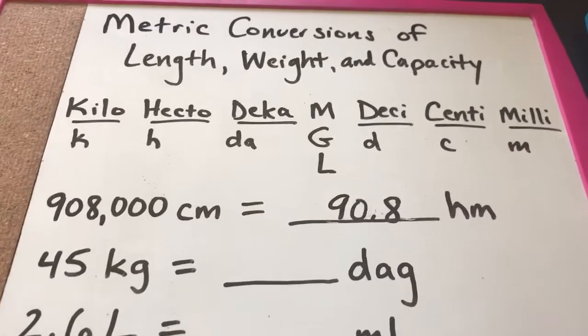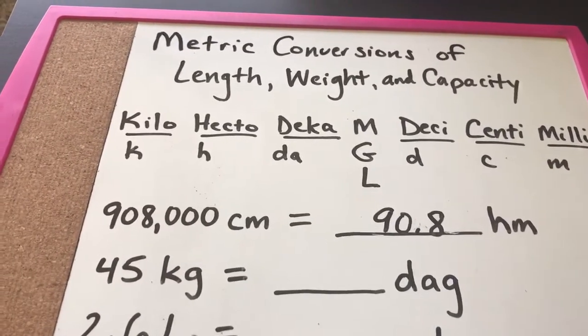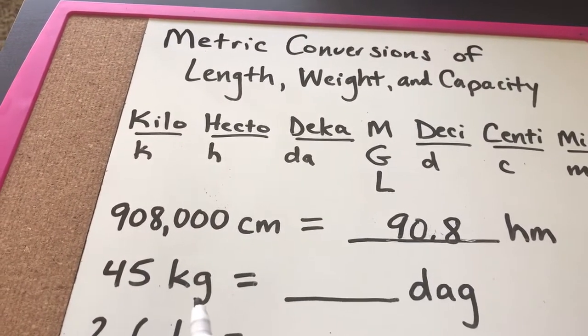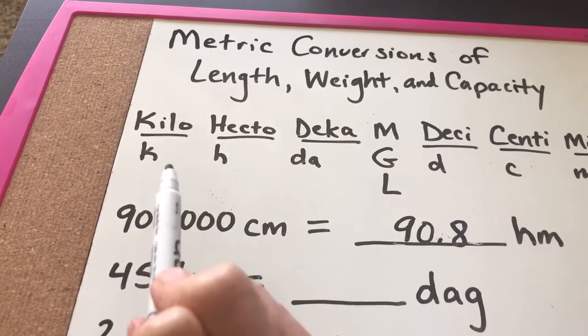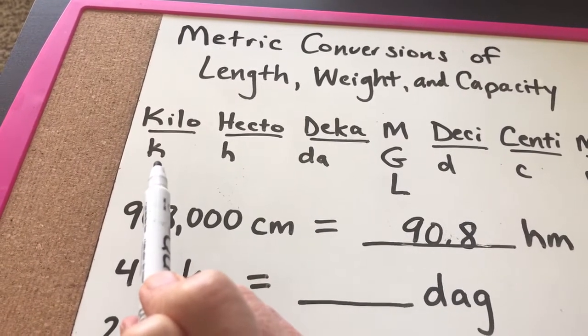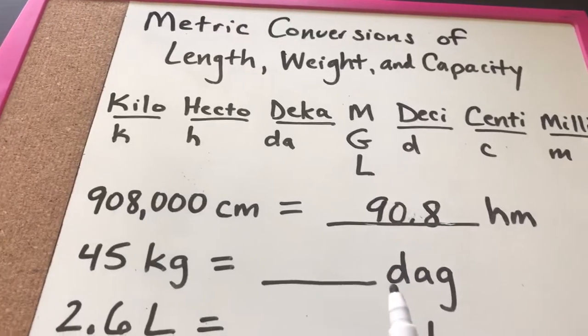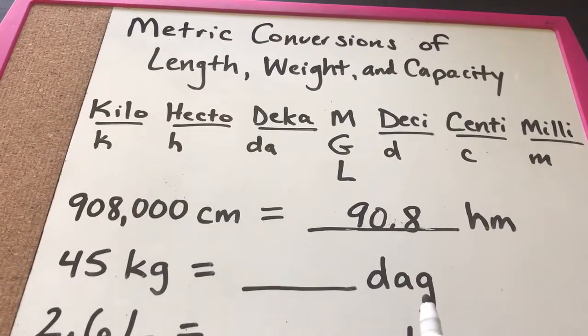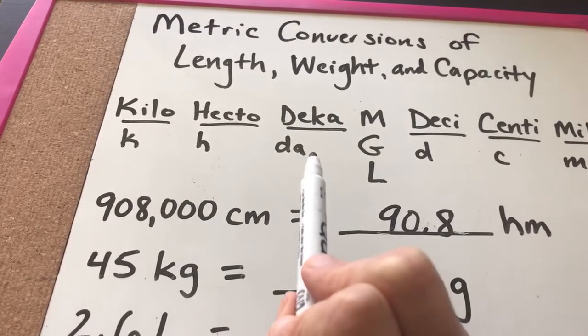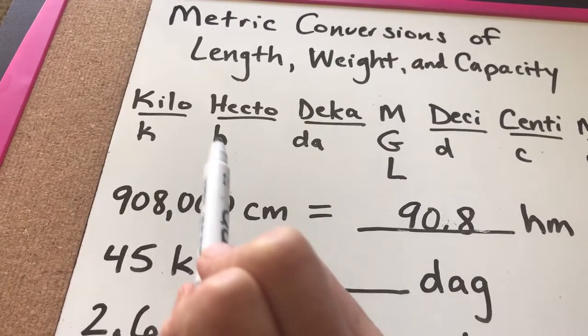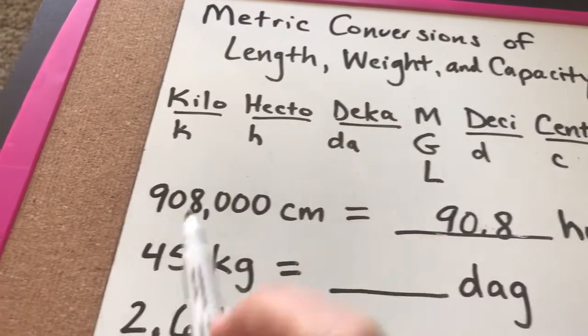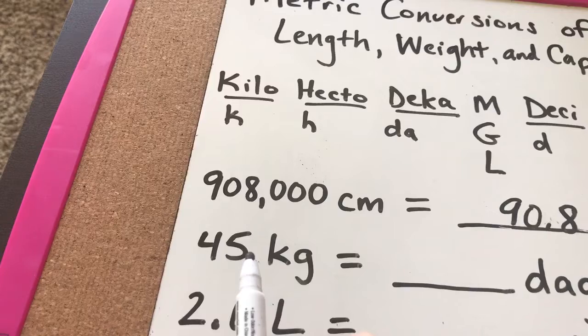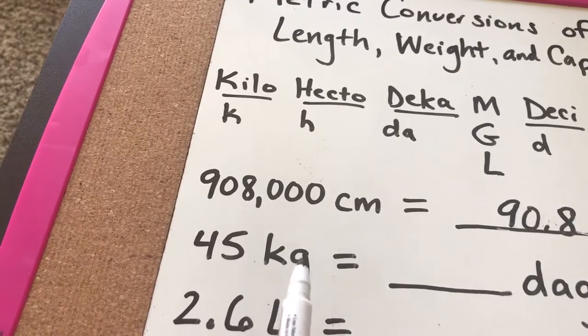All right, so let's look at units of weight. If I start with 45 kilograms, kilograms are a larger unit of weight, and I'm going to convert to decagrams, and so that's 2 columns away, 1, 2. So I would start with where the decimal is now, and I would move it 2 places to the right.